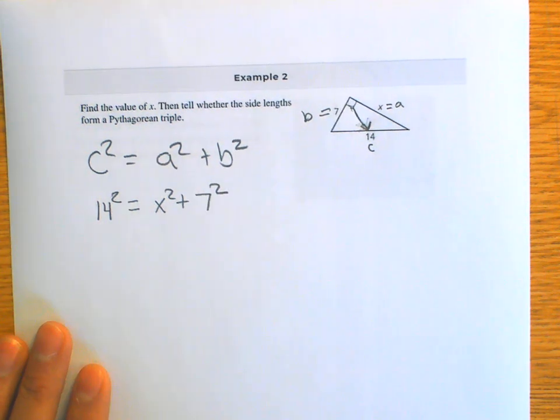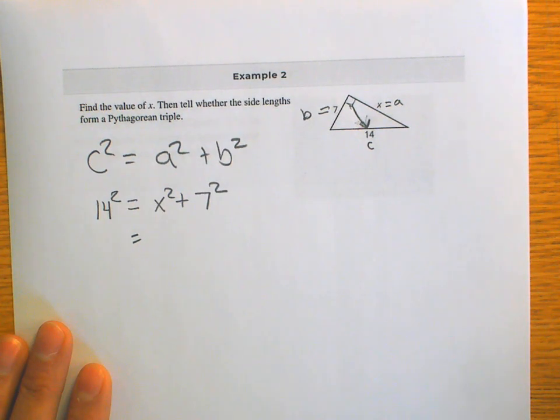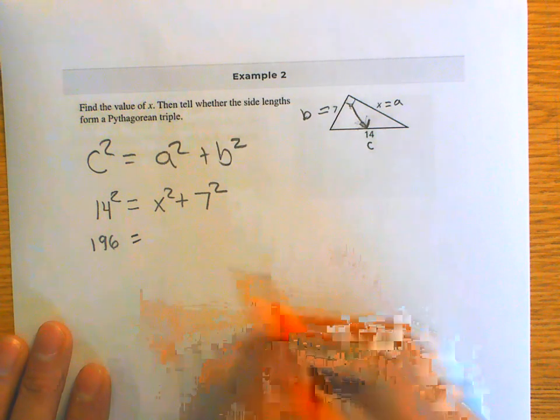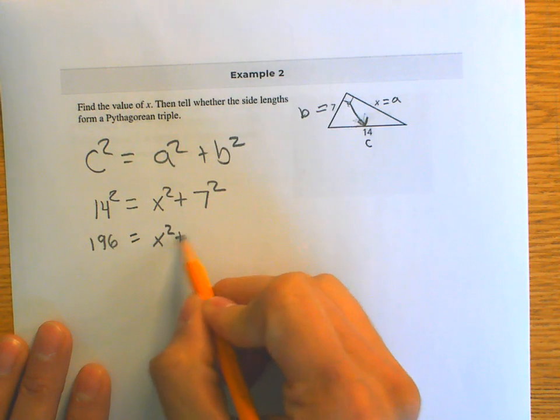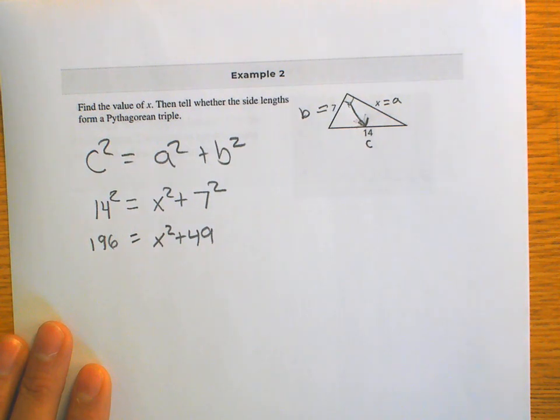Now, ladies and gentlemen, squaring does not mean doubling. Okay, 14 squared means 14 times 14, which is 196. So I get x squared plus 49. You minus 49 on both sides.